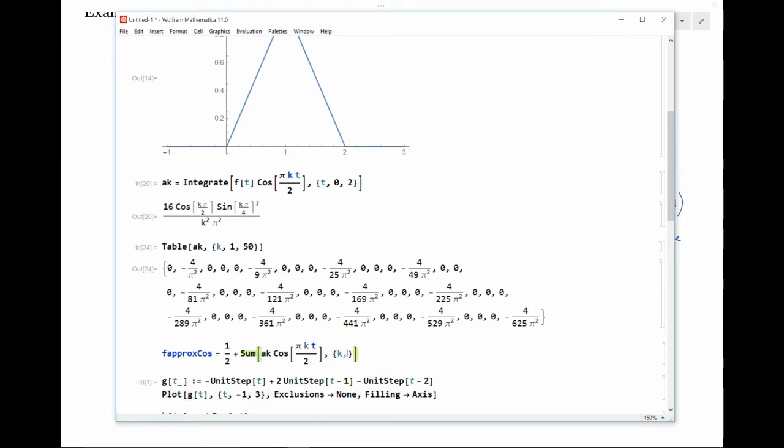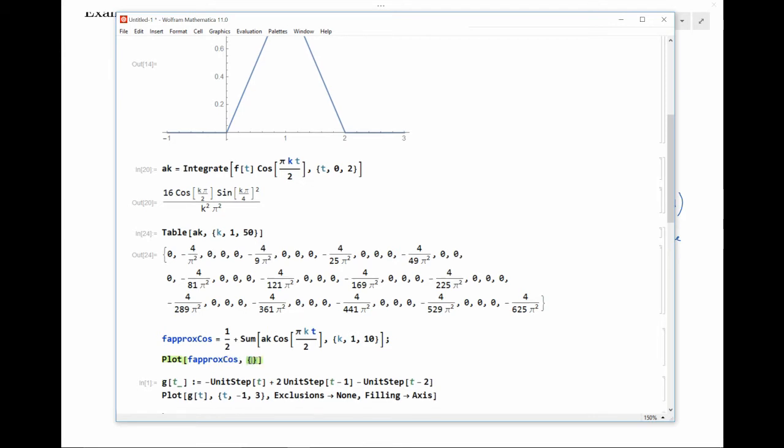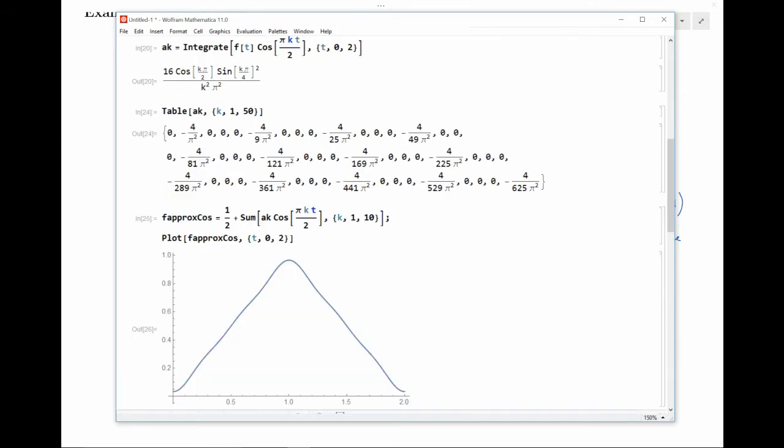And let's add the first 10 terms. And it looks like it's a nice approximation of my function. If I add more terms, I get a much better approximation of it.